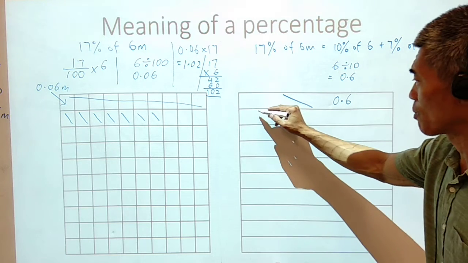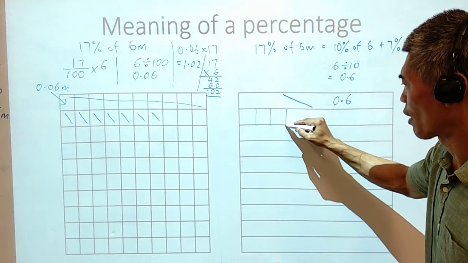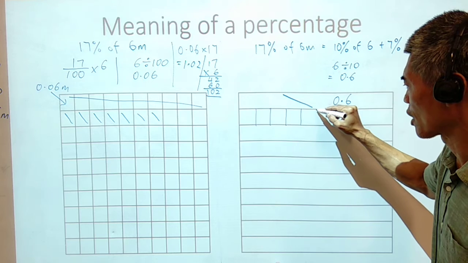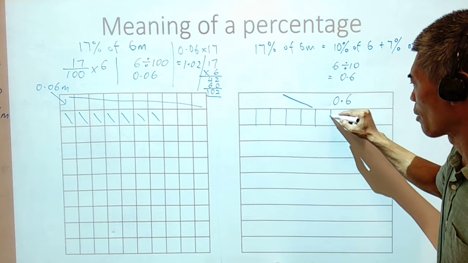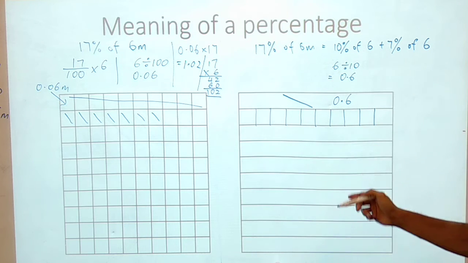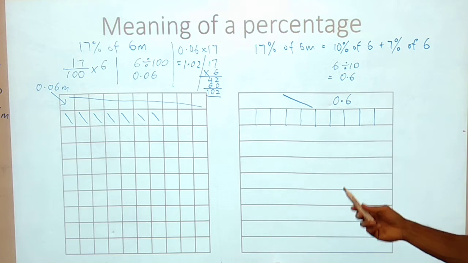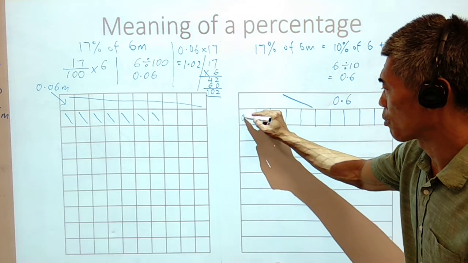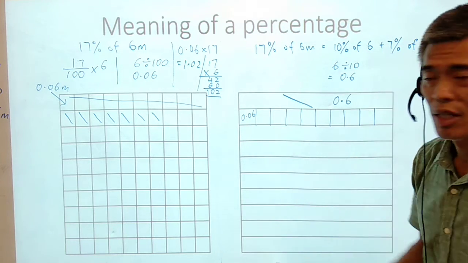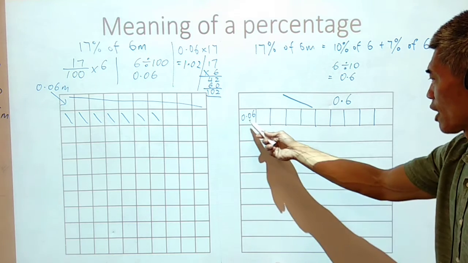Now, 1% is basically dividing each of these strips of 1/10 by 10. All right. So if I divide 0.6 by 10, I'll end up with 0.06 in each of these little boxes, and there are 10 of these here.